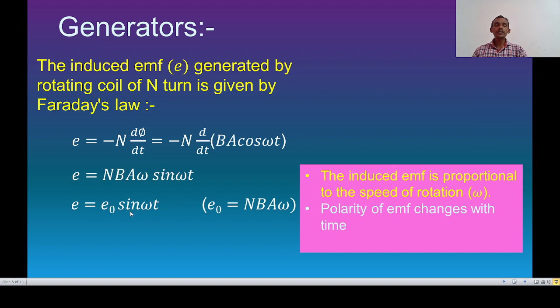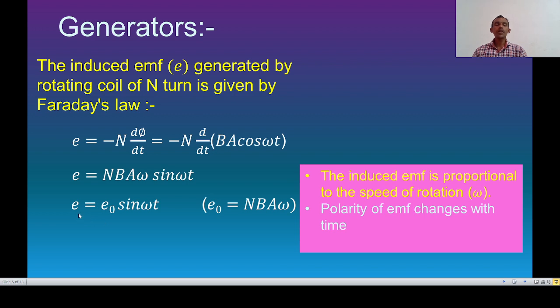Now, since sine omega t varies from +1 to -1, E varies from plus E0 to minus E0.